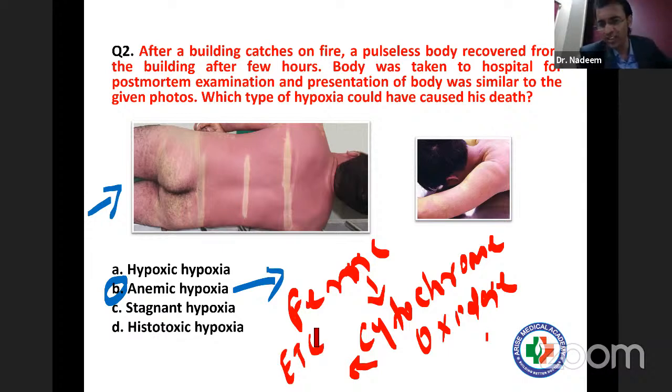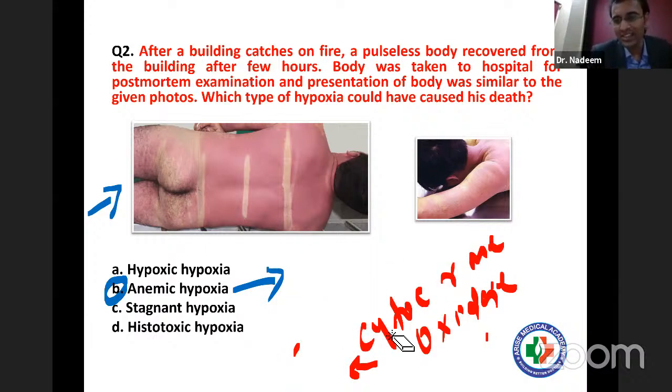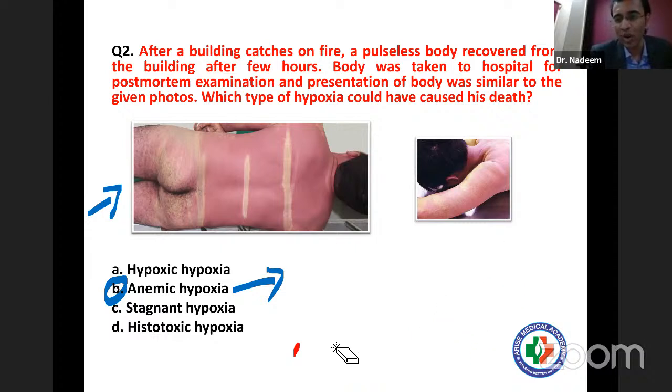the electron transport chain. After that there will be decreased ATP, and because of that, cells are not able to use oxygen. So there is what? Cellular hypoxia. In a case of cyanide poisoning, cells and tissues are not able to use the oxygen.